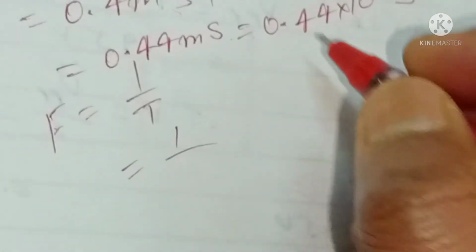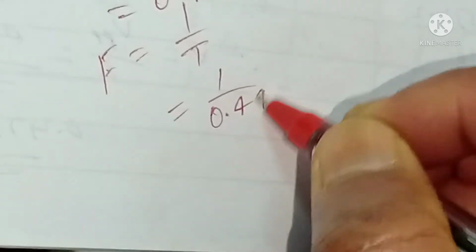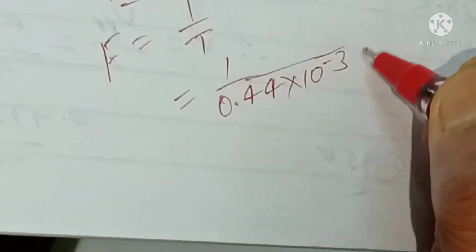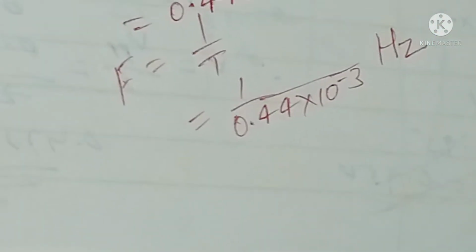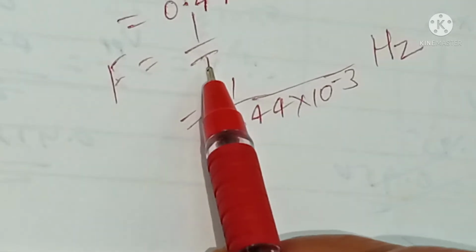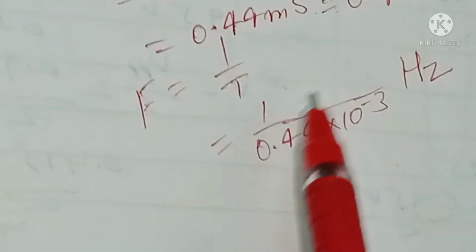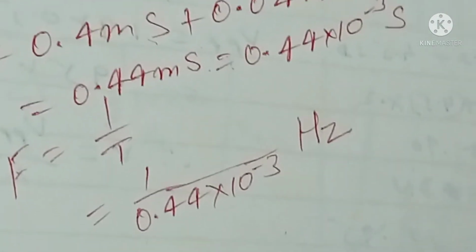And then 1 by t means 1 by 0.44 into 10 to the power minus 3, and you write it in terms of hertz. So this is the frequency. The time has to be taken in second, that's why I converted millisecond into second. So in this way we can find the frequency.